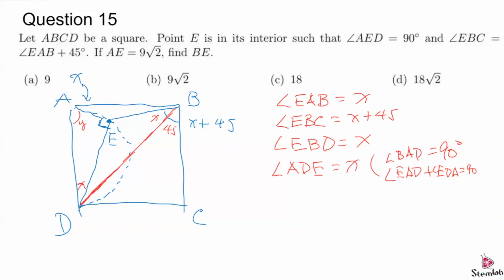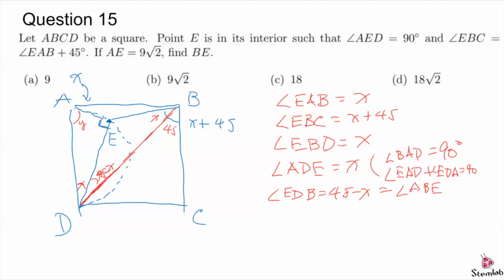So with that, EDB here should be 45 minus X. Meaning angle EDB, 45 minus X. But if you go back on top, this is also equal to angle ABE, 45 minus X.